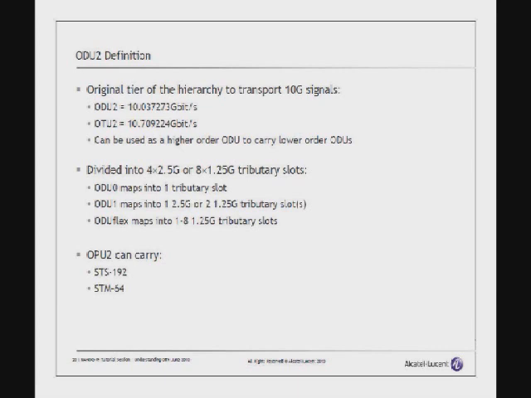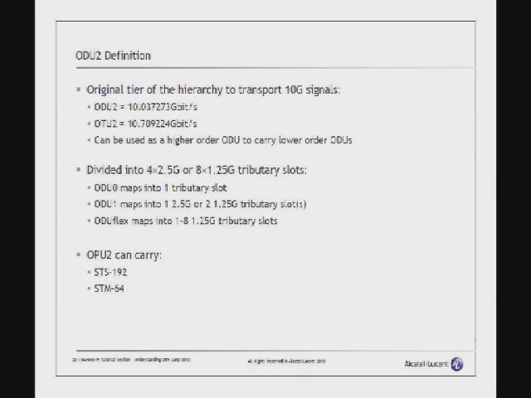And so if you have a 12 or an 8 gigabit service that you want to transport, you can use ODU Flex to encapsulate that and treat that as a contiguous piece of information, and then still have space for a couple of ODU zeros to be put into the same overall ODU2 container.